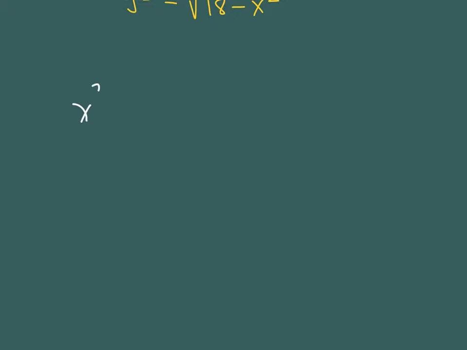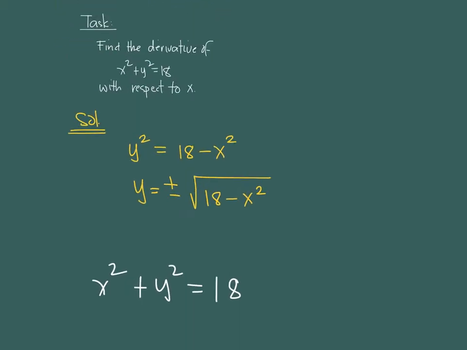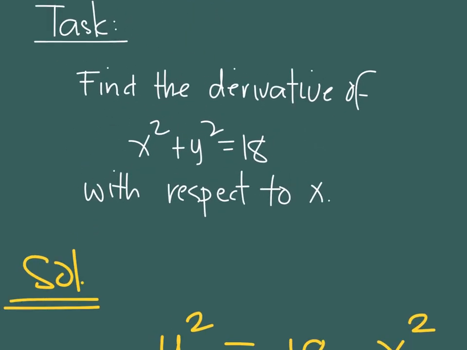So x squared plus y squared is equal to 18. Now in the problem, by the way, before I forget, there is a note that the differentiation should be done with respect to x, meaning to say that the independent variable is x. Without that statement, we don't know which one is the dependent and which one is the independent variable.